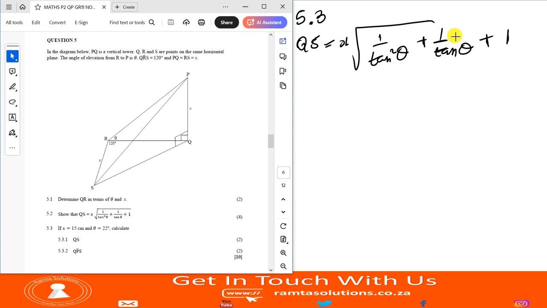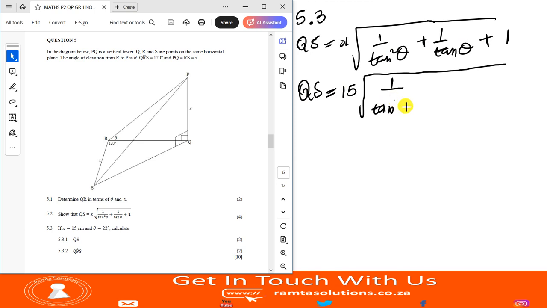Now, what are they saying? They're saying x is 15 centimeters and theta is 22 degrees, so it's tan squared 22 degrees plus 1 over tan 22 degrees.